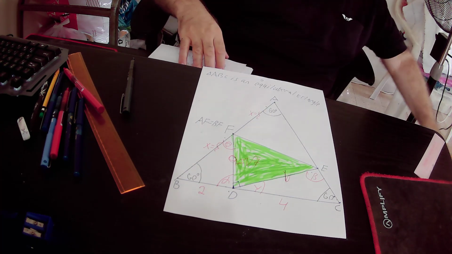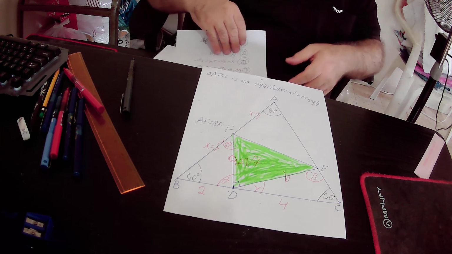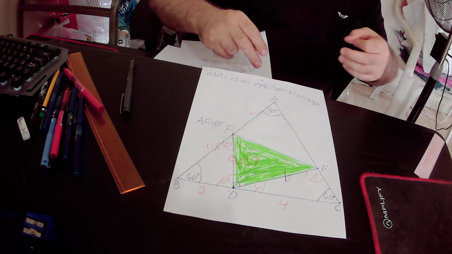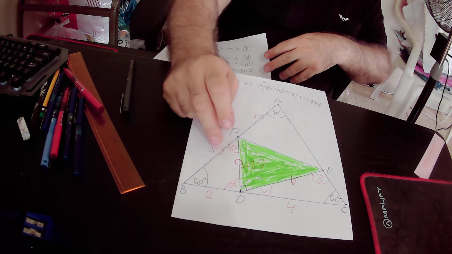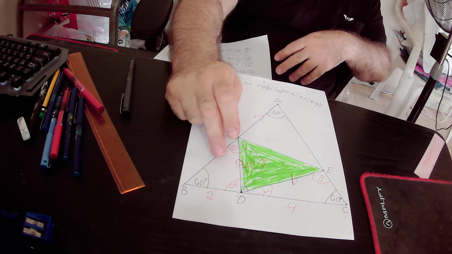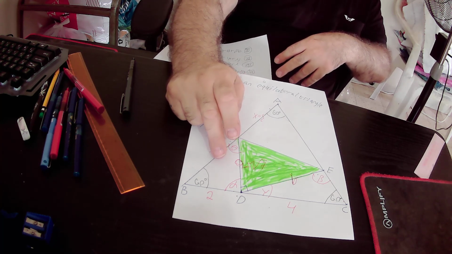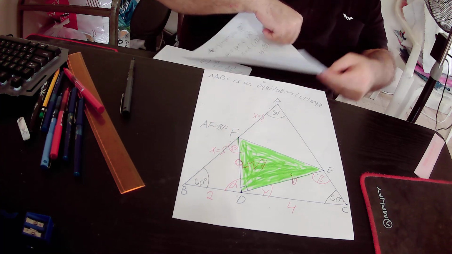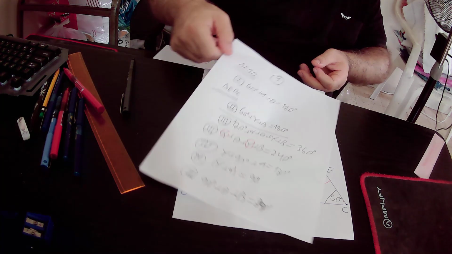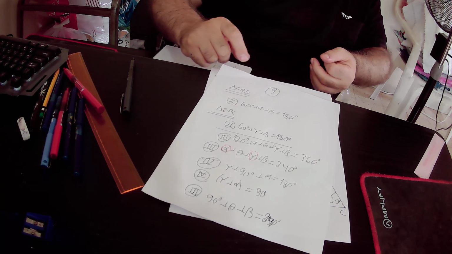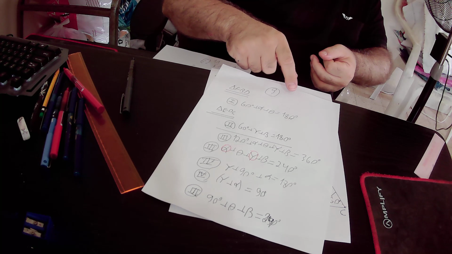Okay, in the next step we created 4 equations from this drawing. The first equation is related to triangle FBD. In triangle FBD we can say that the sum of its angles is equal to 180 degrees. This is the first equation.